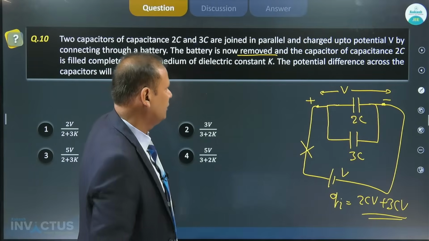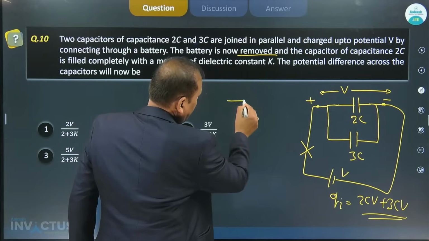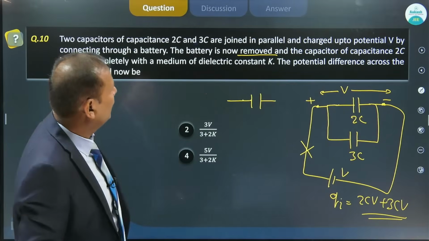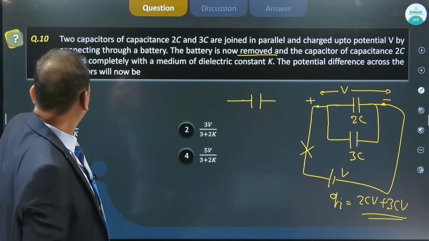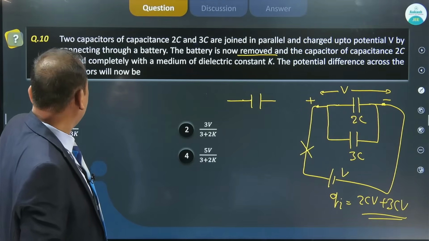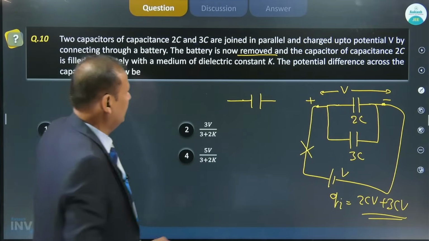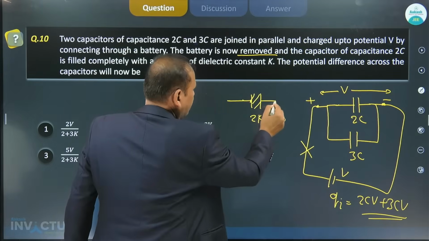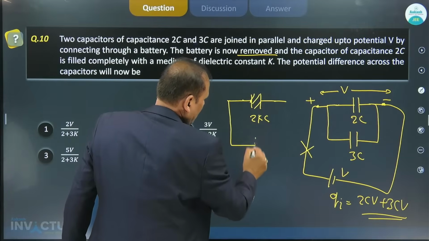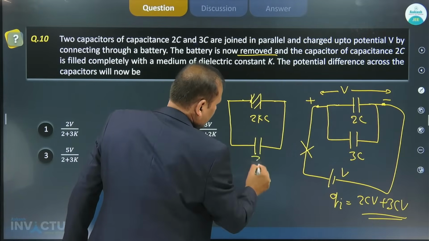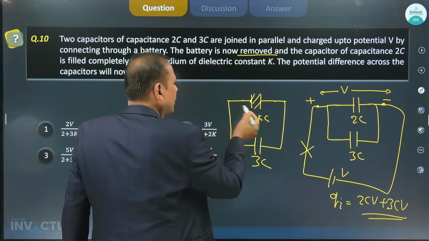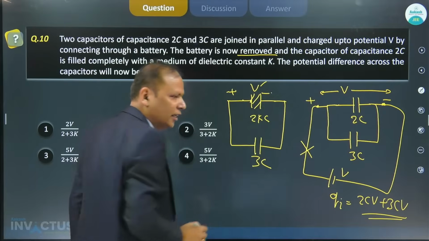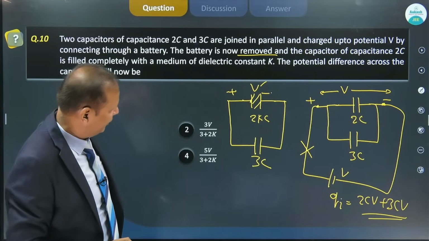A final charge, we can see capacitor of capacitance 2C is filled completely with dielectric constant K. So this capacitance will be 2kC. This is a 3C. Now consider this potential difference V dash.